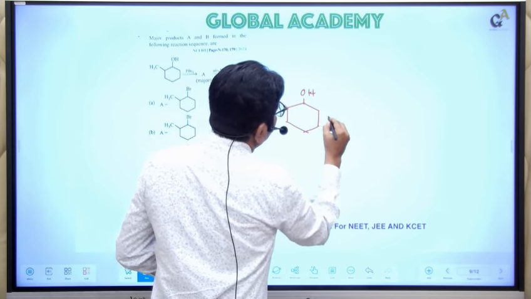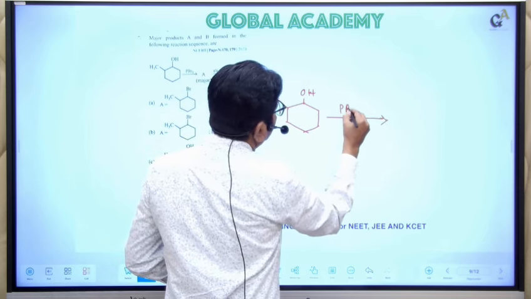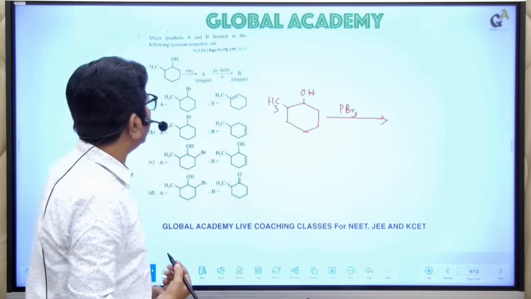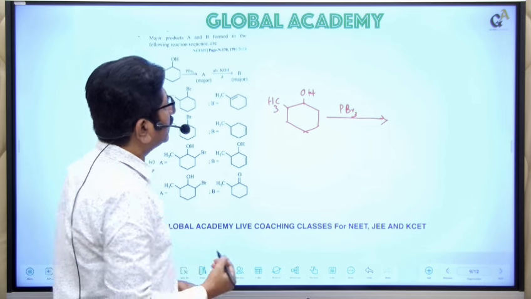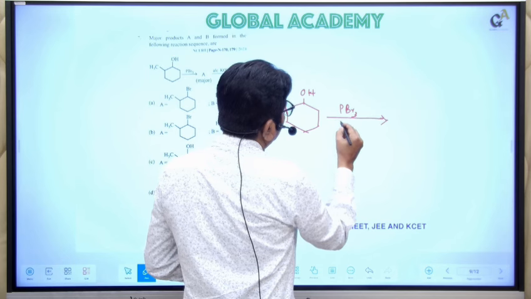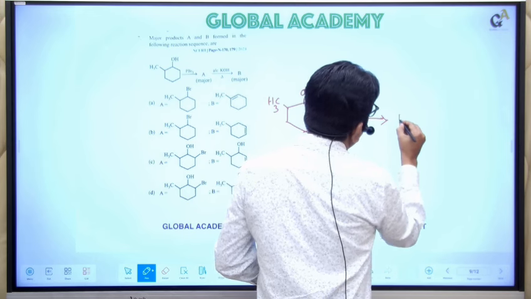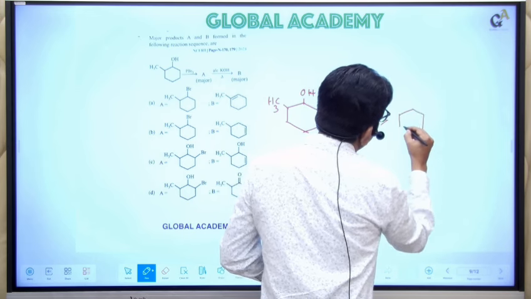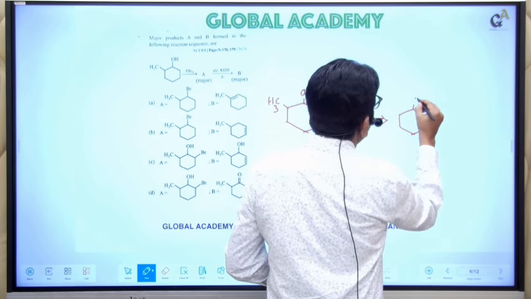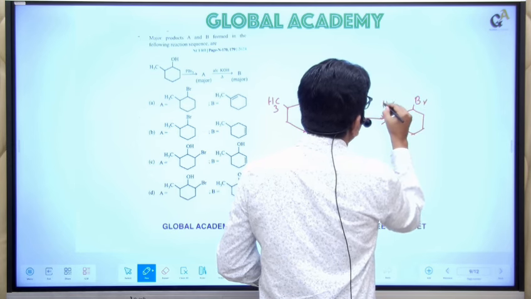The first reagent is phosphorus tribromide, and here nucleophilic substitution is taking place, and hence you are getting this product first, BrCH3.